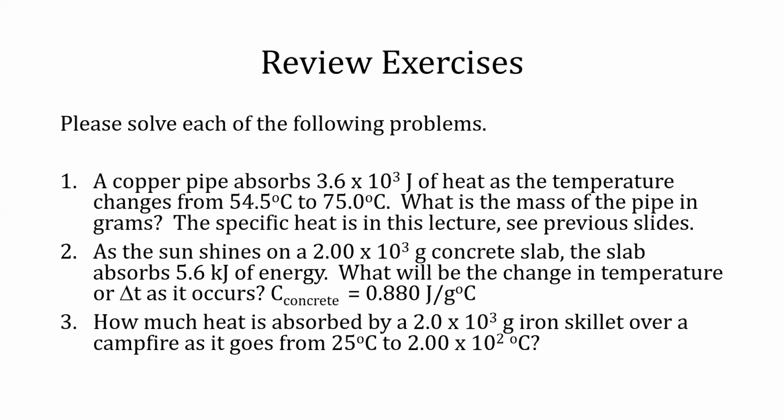Specific heat capacity of concrete equals 0.880 joules per gram degree Celsius. 3. How much heat is absorbed by a 2.0 times 10 to the 3 gram iron skillet over a campfire as it goes from 25 degrees Celsius to 2.00 times 10 to the 2 degrees Celsius?